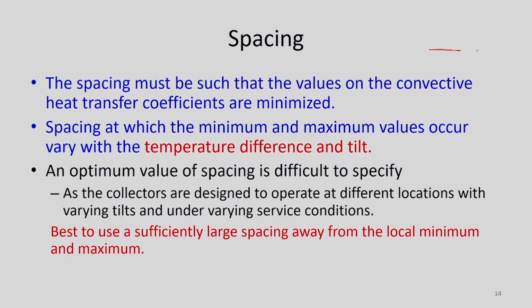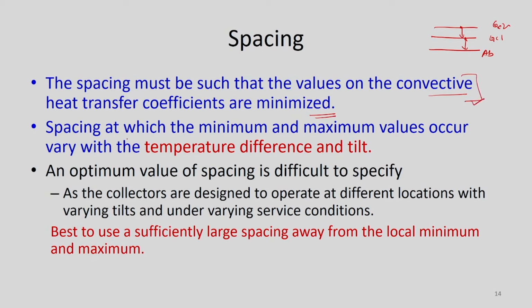So, maybe absorber plate is here, ABS, then we have glass cover 1, GC1, maybe GC2. Okay. So, this spacing is also very important. This spacing must be such that the values of the convective heat transfer coefficients are minimized. Okay. This is very important.